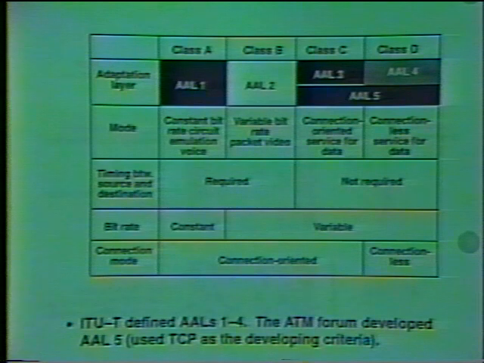They are AAL1, which is associated with Class A services, AAL2, which is associated with Class B, AAL3, which is associated with Class C, and AAL4 with Class D. Okay, and then AAL5 covers all AAL3 and 4 implementation, plus it adds features that aren't found in those 2.